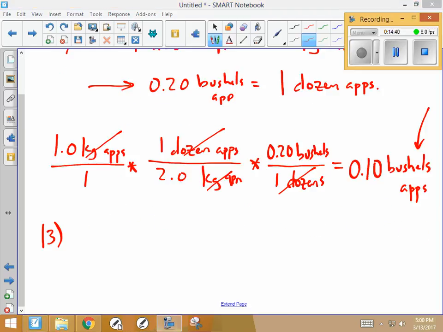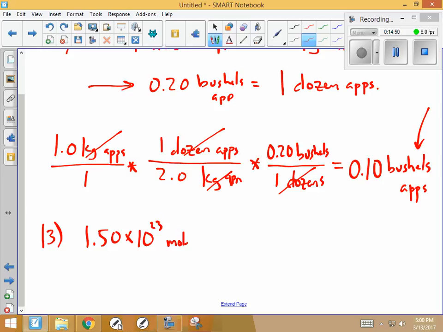Number 13, how many moles is 1.5 times 10 to the 23rd molecules of NH3? All right, simple enough. We're going to try to change molecules into moles.